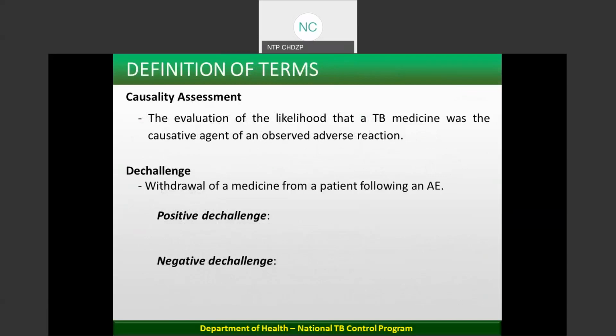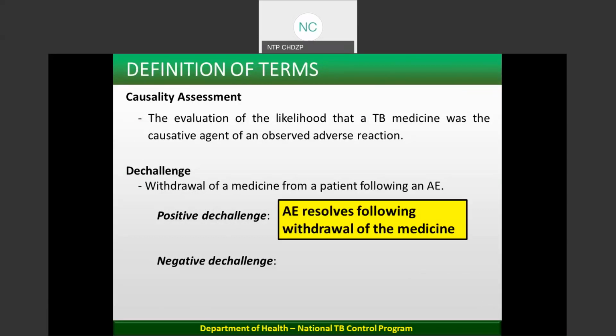So we go back to definition of terms. Causality assessment. This is the evaluation of the likelihood that a medicine is the causative agent of an observed adverse reaction. Dechallenge is a withdrawal of a medicine from a patient following an adverse event. So we have a positive and negative dechallenge.